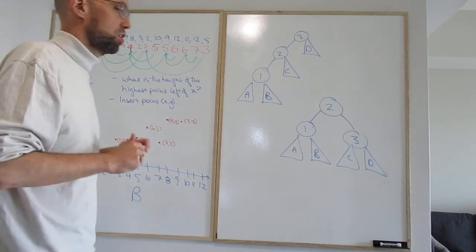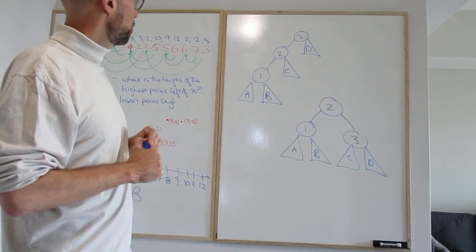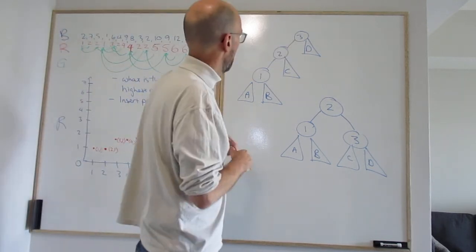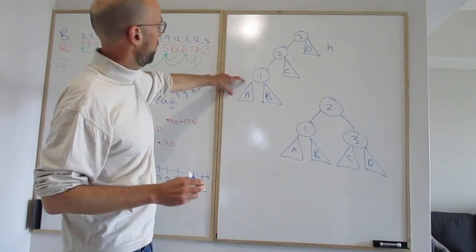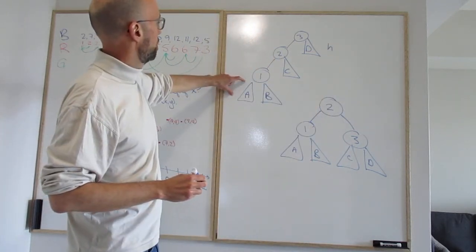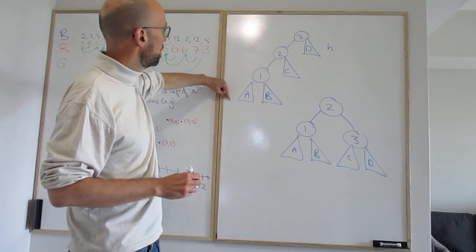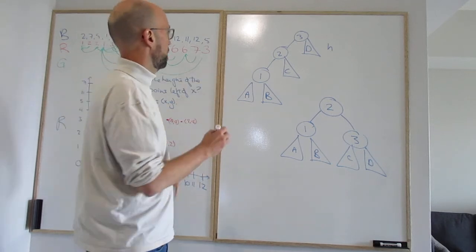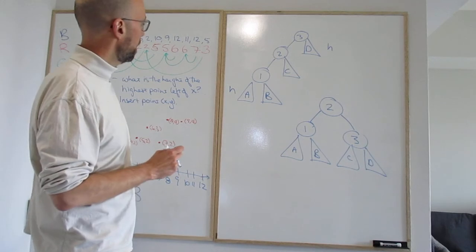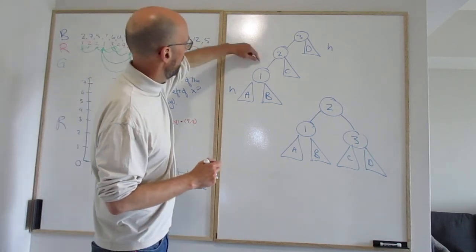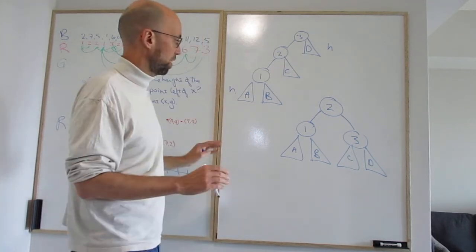So when you do insertion, you can break the balance requirement by at most 1. So if this had height h, then this whole thing is going to have height h plus 2. So this could have height h, and then you've got h plus 1, plus 2, and h. So this is against the rules.